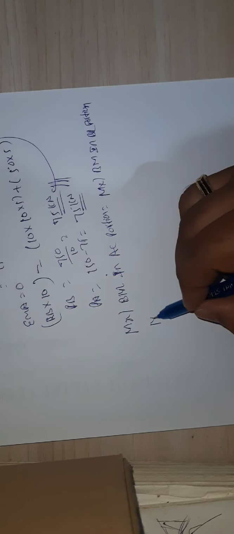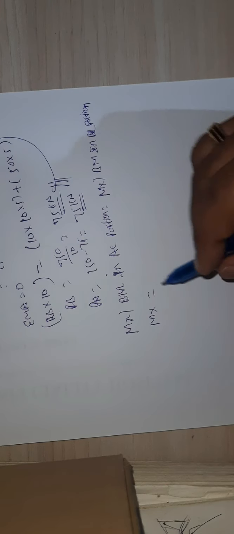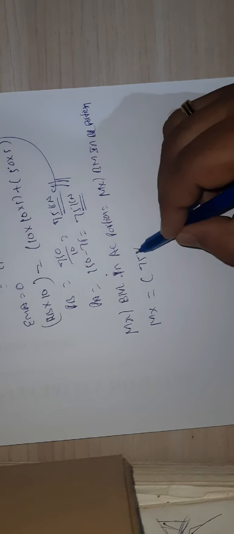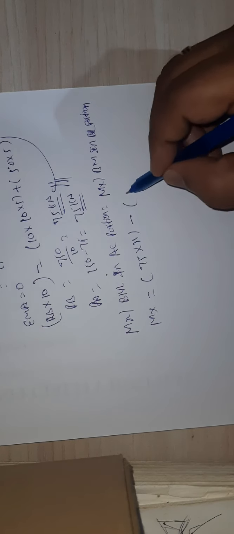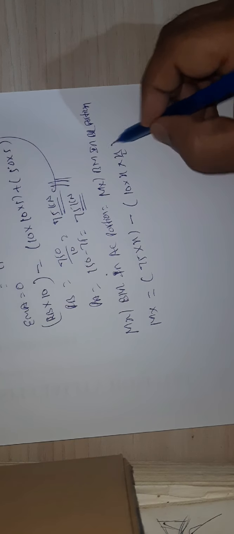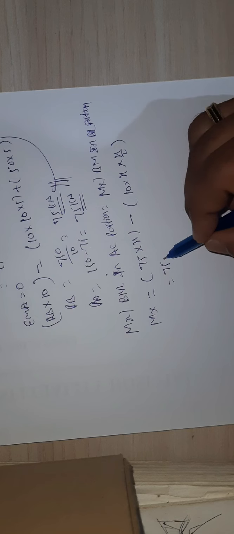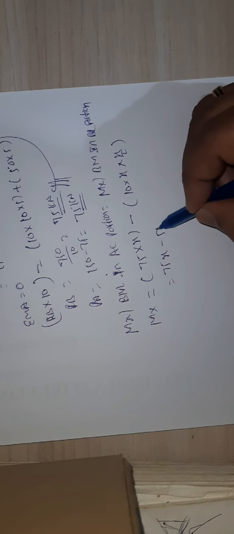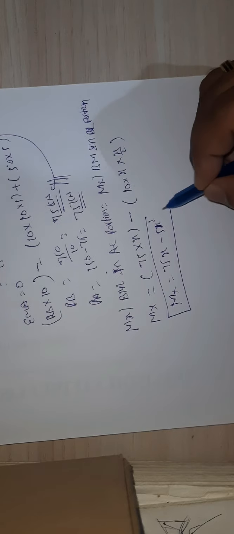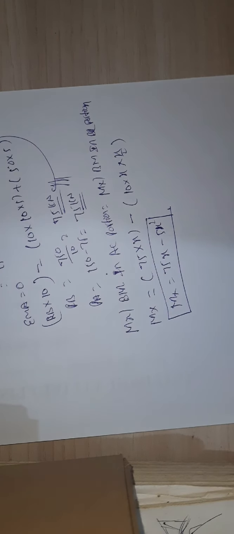Capital Mx equals 75 into x minus 10 into x by 2. If you write it out, this will be 75x minus 5x square. This is your capital Mx for both portions, AC and BC.